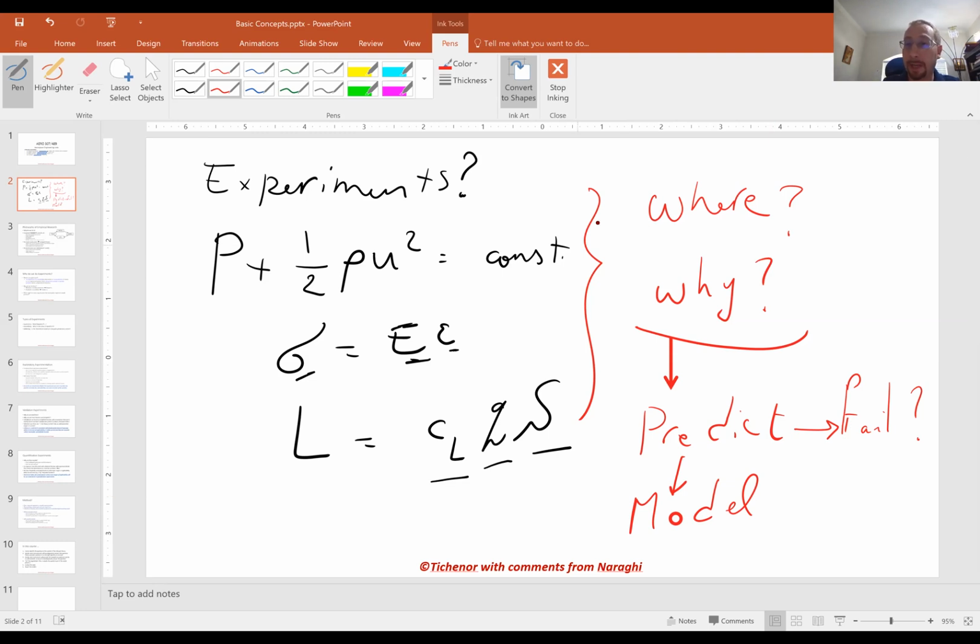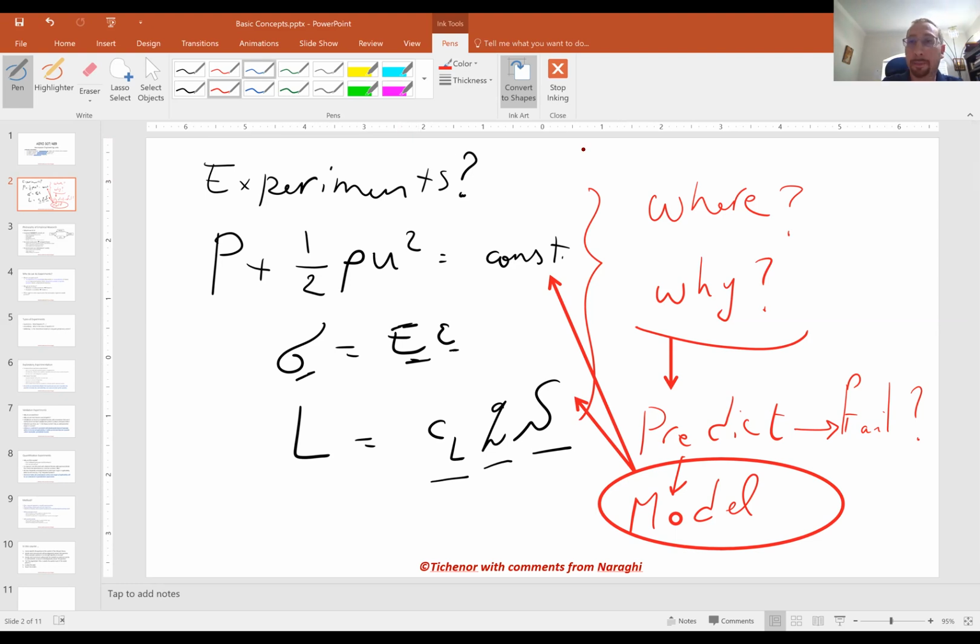But for us to be able to make predictions about the performance of the structure, we need to have equations like this, equations like that, and all of these. So these equations are essential to designing any structure. Basically, these are the essence of engineering. These are the backbones of any engineering.